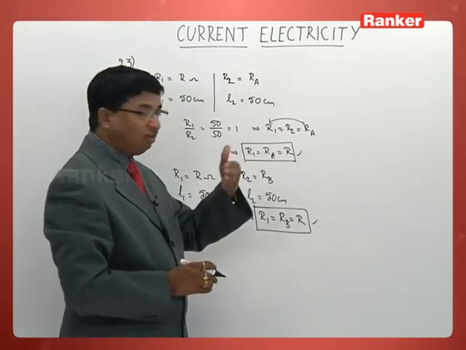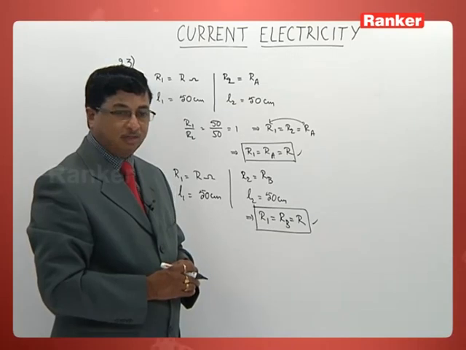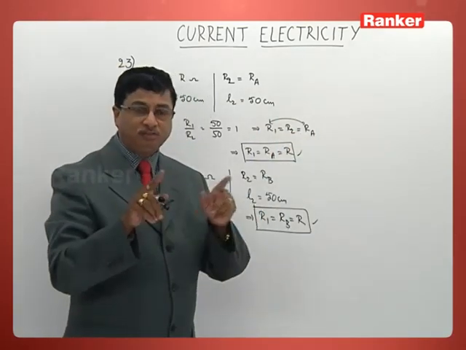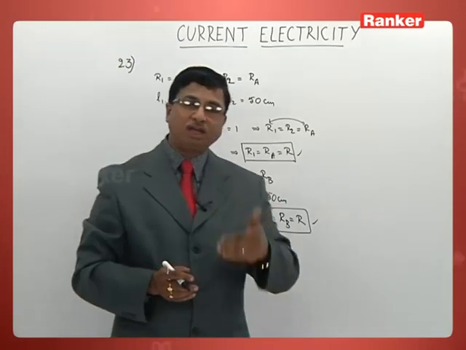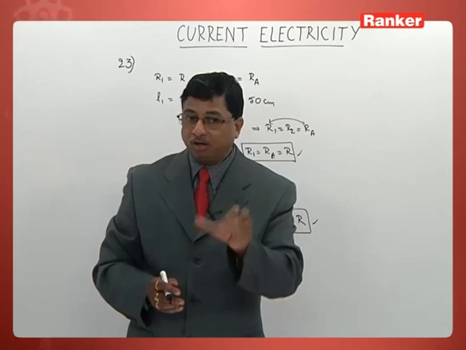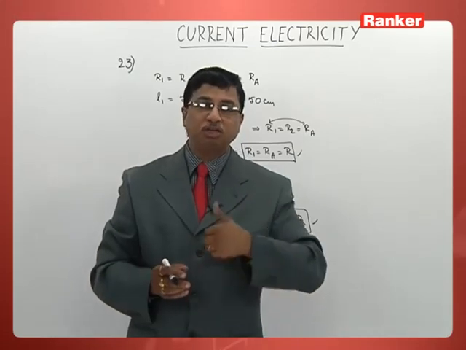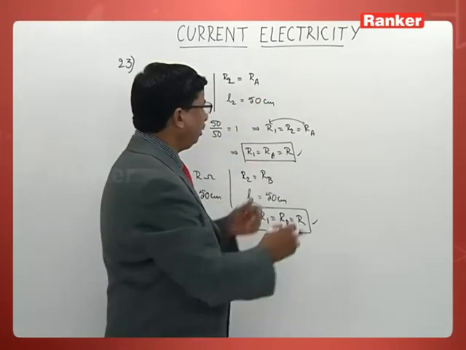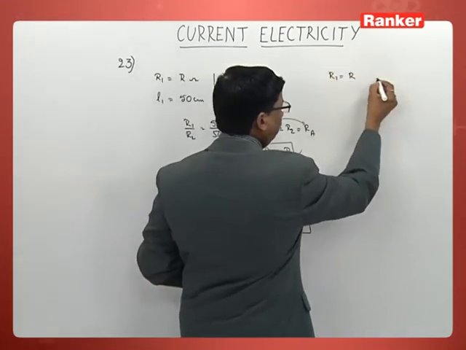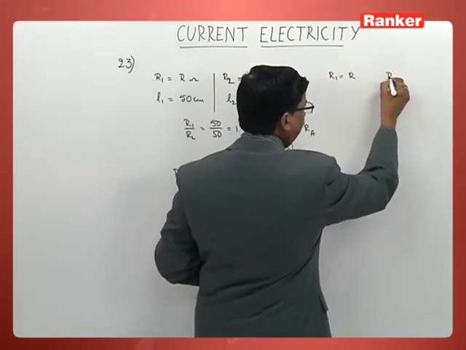Now what is he asking us to calculate? When both A and B are connected in series and used across the right gap, that's what has been given. So R1 again is R. What will be the value of R2 now?